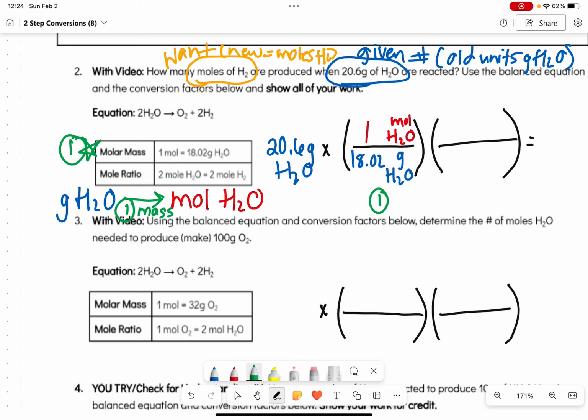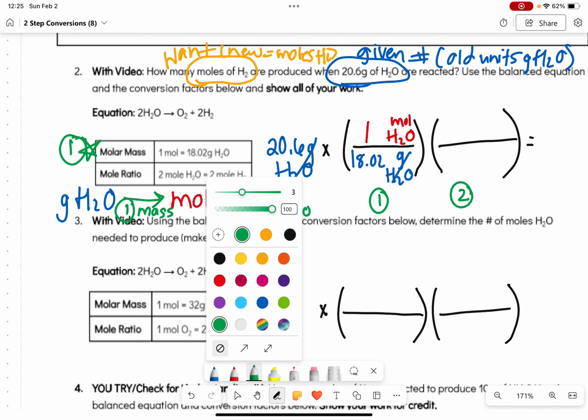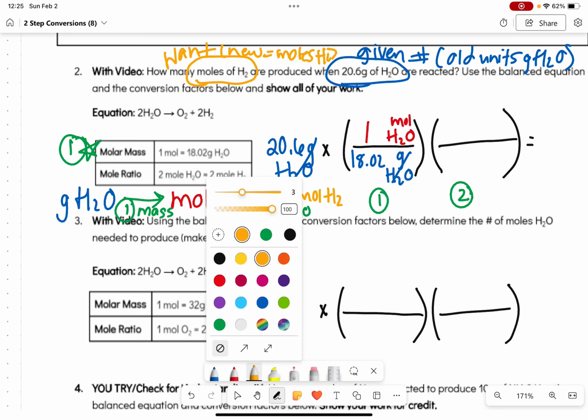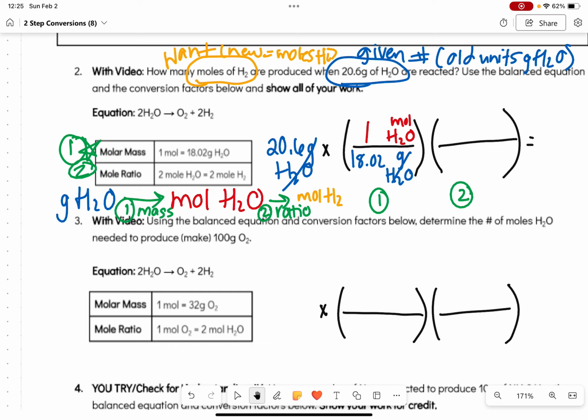Now that we have our answer in moles of H2O, we need to do step 2, which is mole ratio, to find our moles of H2. So we are going to use mole ratio. 2 moles H2O equals 2 moles H2 from our equation.